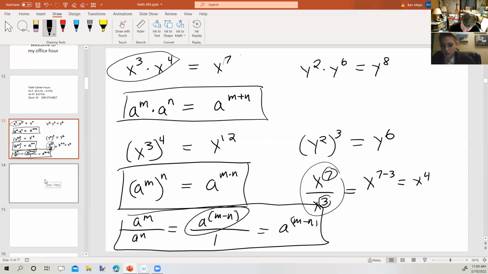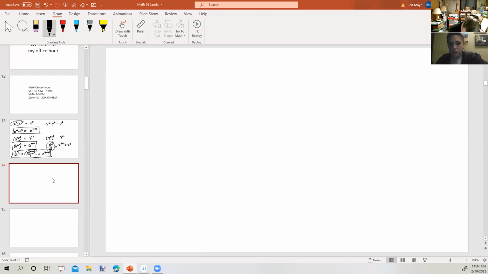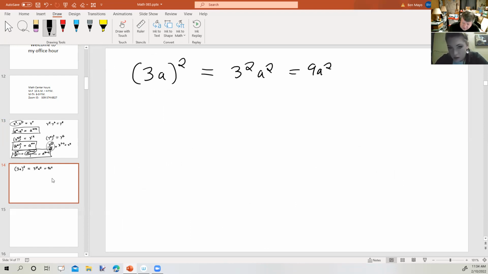If we have a product raised to a power, we attach the outside exponent to each factor inside. In general, a times b to the n is a to the n times b to the n.